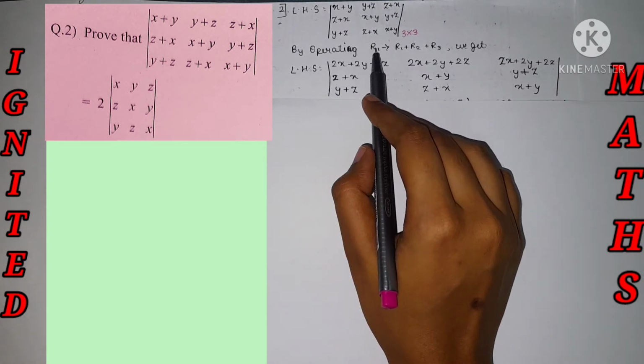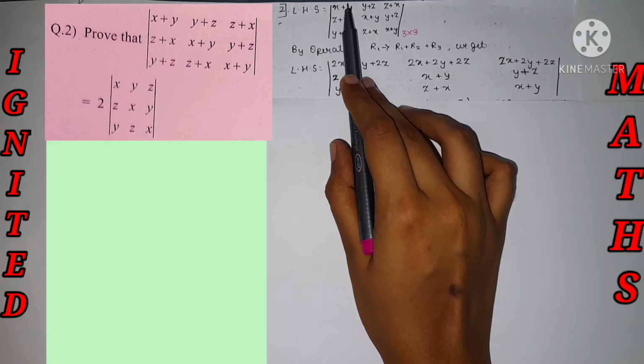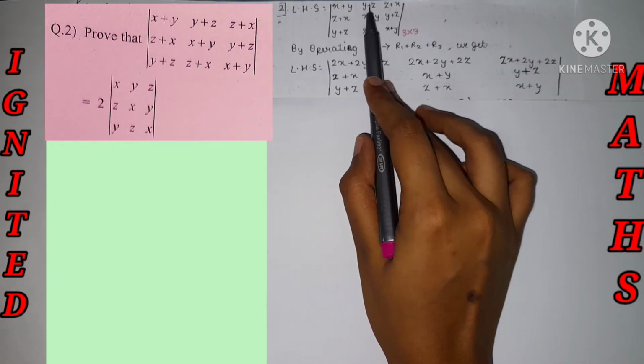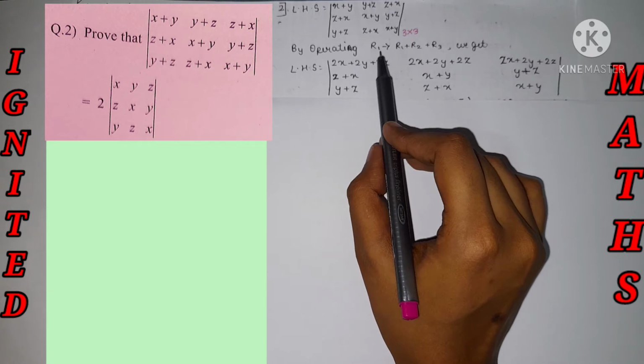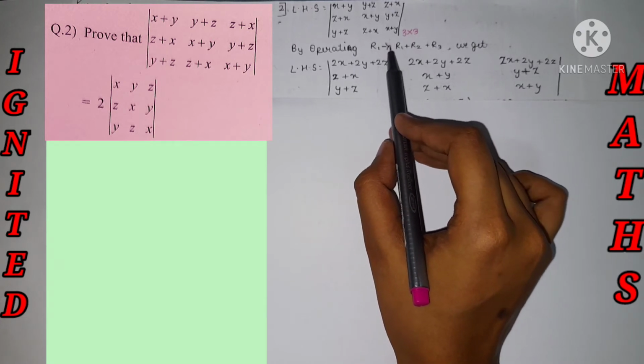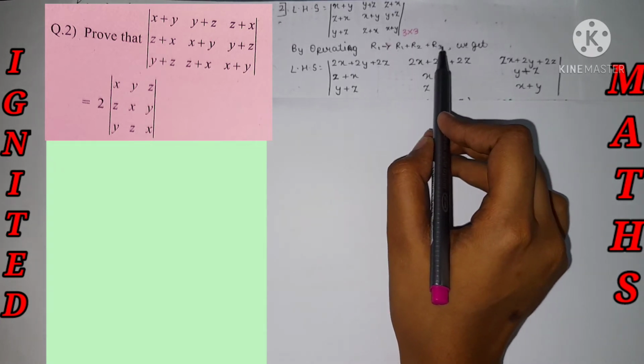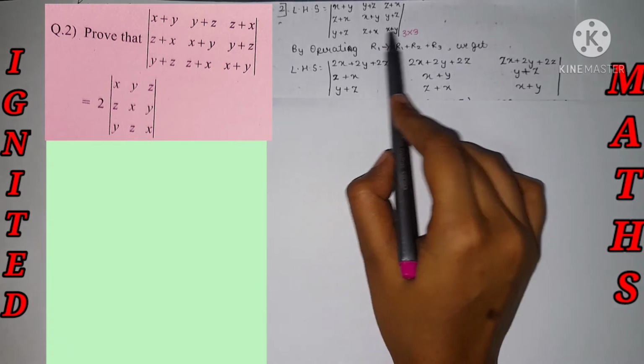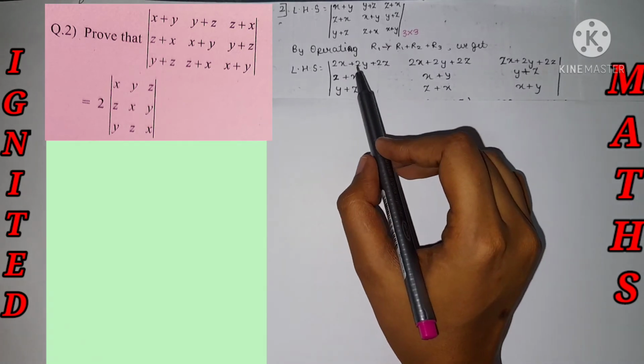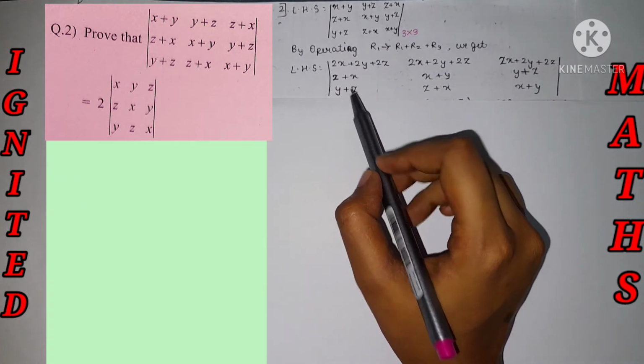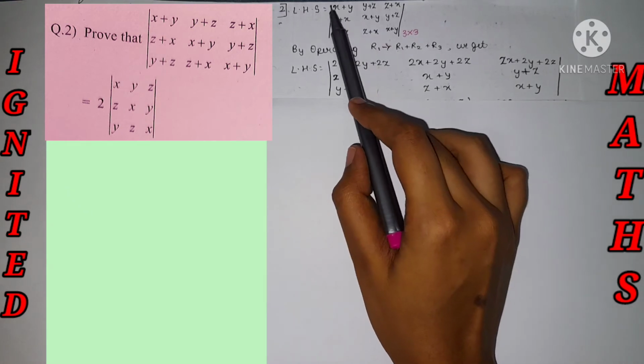Over here I have operated on row 1. This is my row 1: x plus y, y plus z, z plus x. I am going to operate in such a way: row 1 plus row 2 plus row 3, and the respective row and respective column we need to do the operation, like x plus y is there.